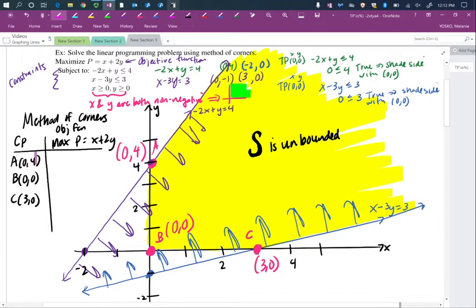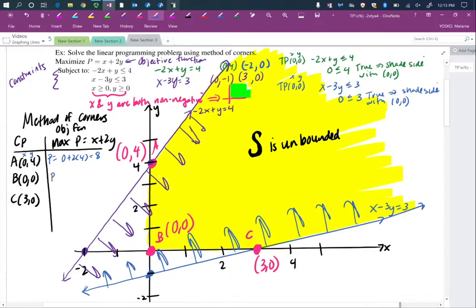Remember, this is x, y, x, y, x, y. So we let x be 0 here and y be 4, and we end up with P equals 0 plus 2 times 4, which is 8. You can do that in your head if you want to. I'm just showing you where the pieces come from.